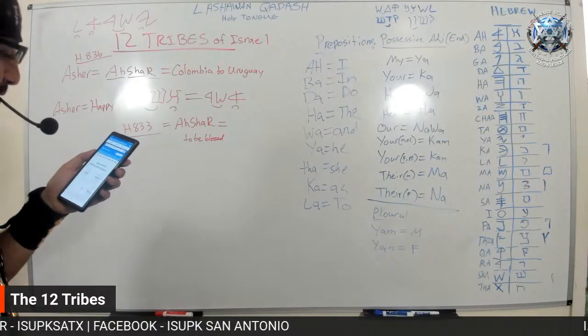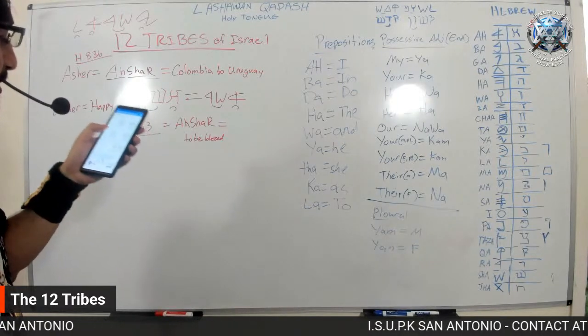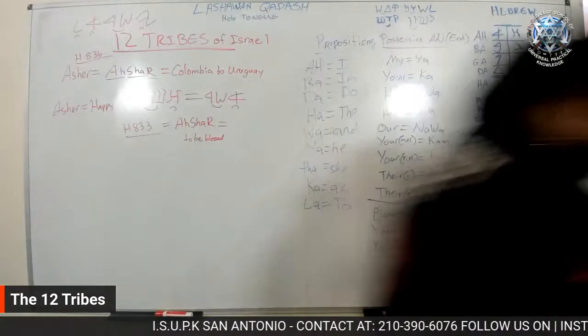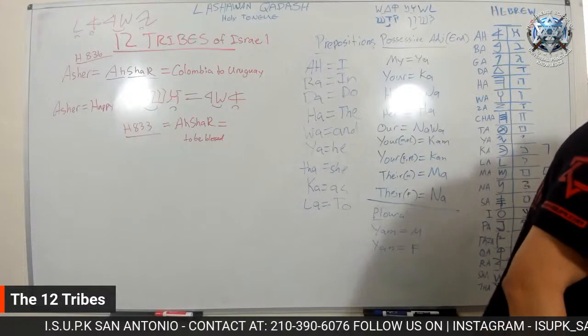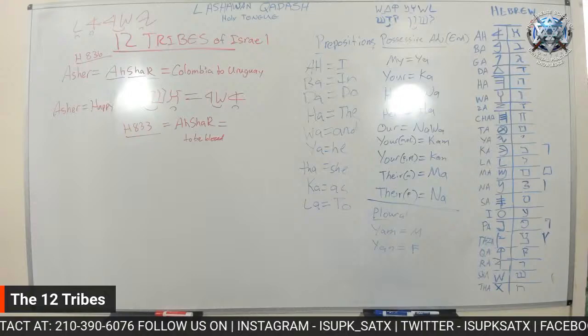There we go. So just call his name Asher. And then you actually see it says 836 right above Asher. You see that?